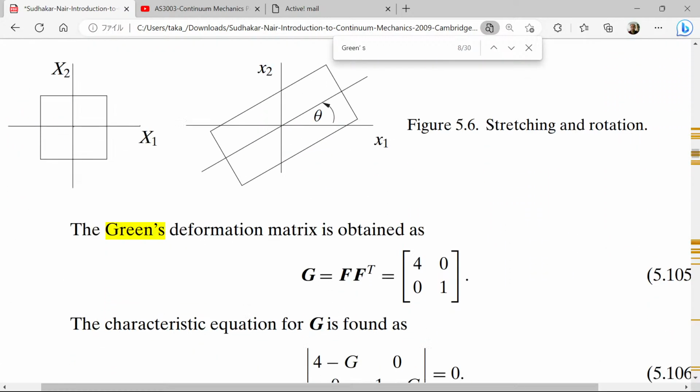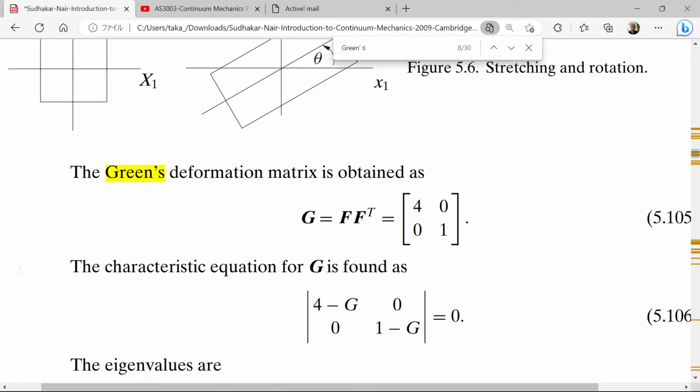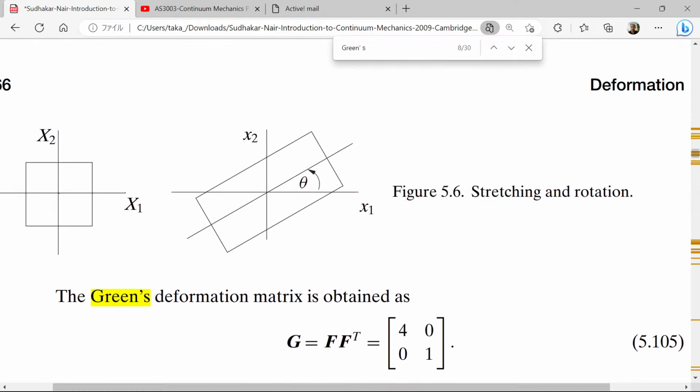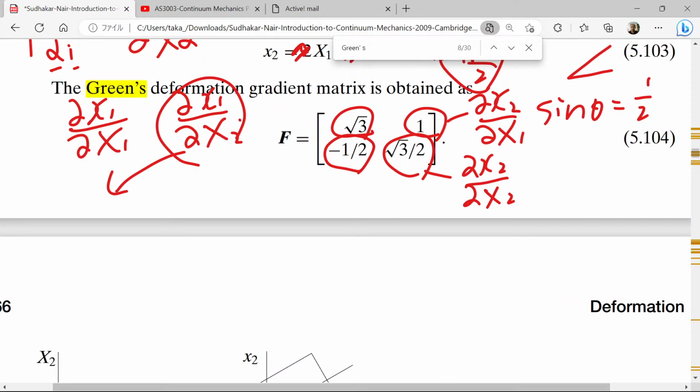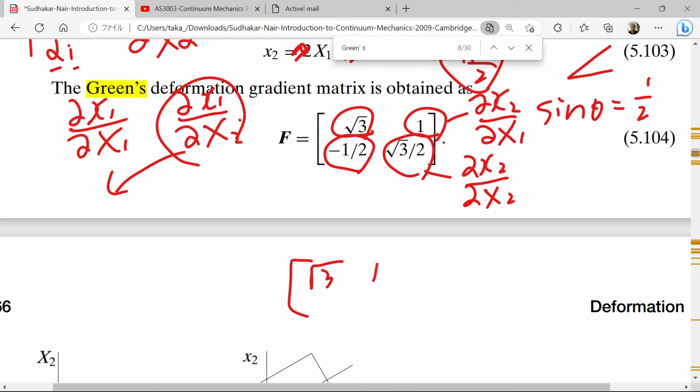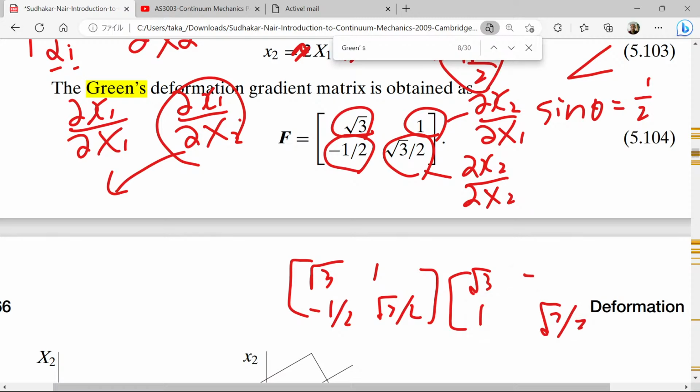So the Green's deformation matrix is obtained as G equal FF transpose. Square root of 3, 1 minus 1 half, square root of 3, 1 half, and transpose is square root of 3, square root of 3 divided by 2, 1 minus 1 half.